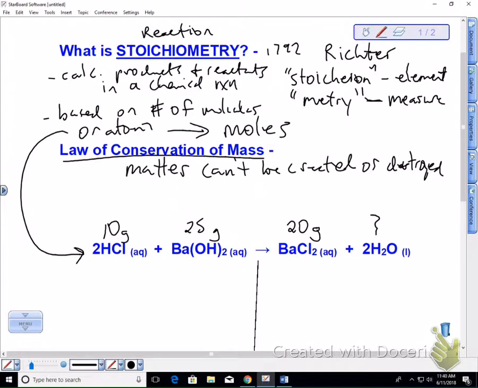If I add these up, 10 plus 25 is 35. So the products have to equal that mass as well, which means I would have made 15 grams of the water. The masses have to equal.